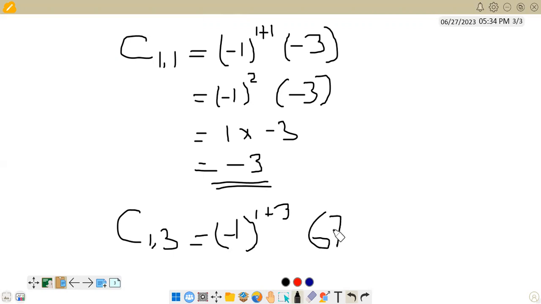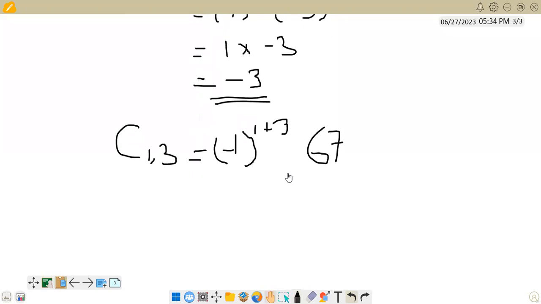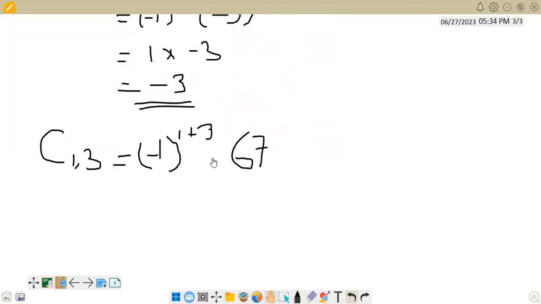The answer was 67. So we need to simplify. Ndekuti negative 1 to the power 1 plus 3 which is 4.